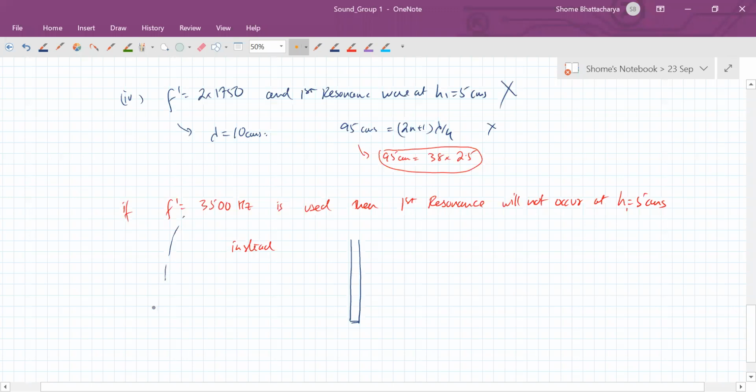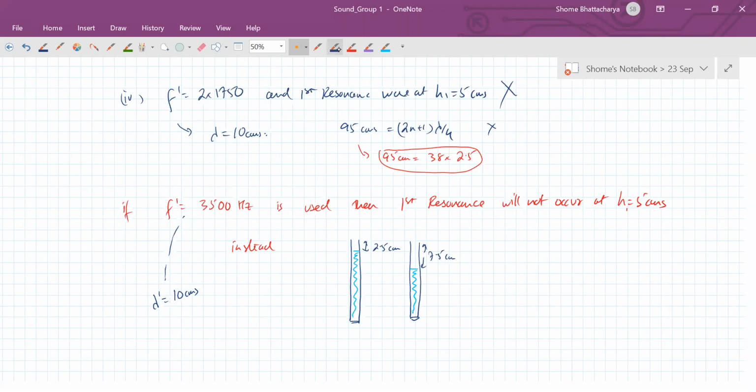If your frequency is this, that means your wavelength is 10 centimeters. Your first resonance will occur when this is a quarter of a wavelength, so 2.5 centimeters. Then the next one will occur when this is 7.5 centimeters. Then the next one will occur. Like this, you carry on in that series and see how many members you can accommodate.